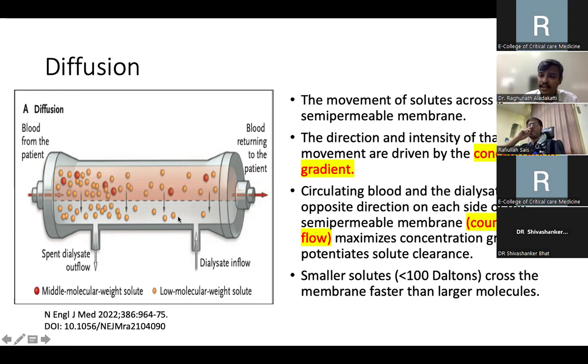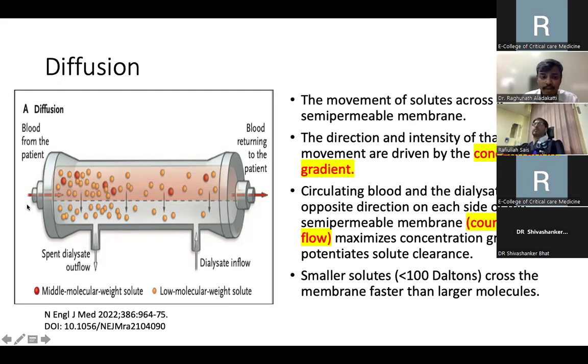This is to improve the efficacy of permeability, because once it moves in the opposite direction, it will not attain equilibrium. The dialysate will go through the outflow here, so again a negative concentration will be maintained on the other side of the membrane.